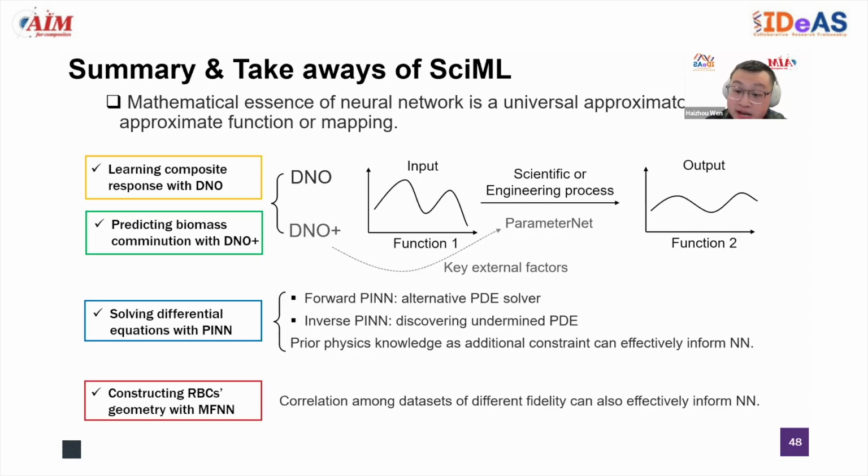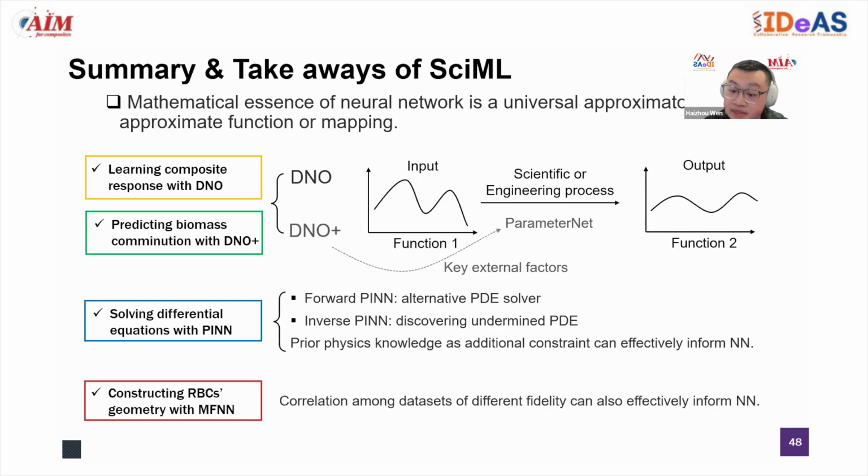Ask yourself, can the input and output of a studied process be described in simple math or simple functions? Is it possible to use a mapping to connect them? The DeepONet is a very powerful tool to approximate one function to another function. And the key external factors can be concluded as well.